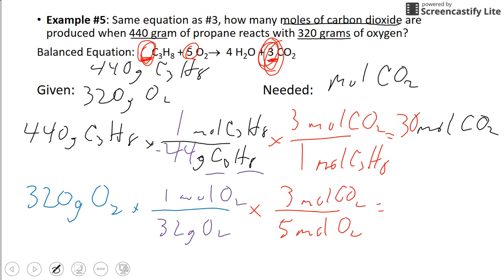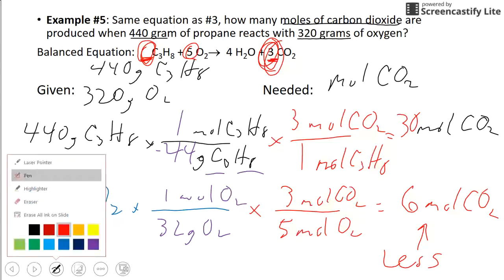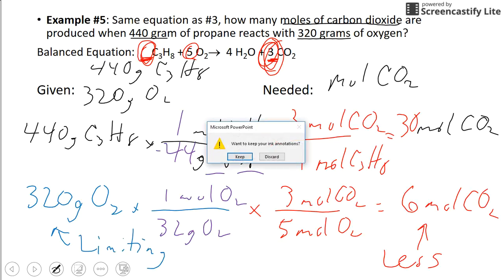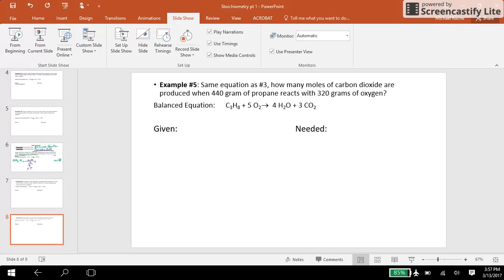Multiply the tops, divide by the bottoms, and you should get 6 moles of CO2. And since this is less, that means that this is limiting. The starting material that's connected to that is limiting.